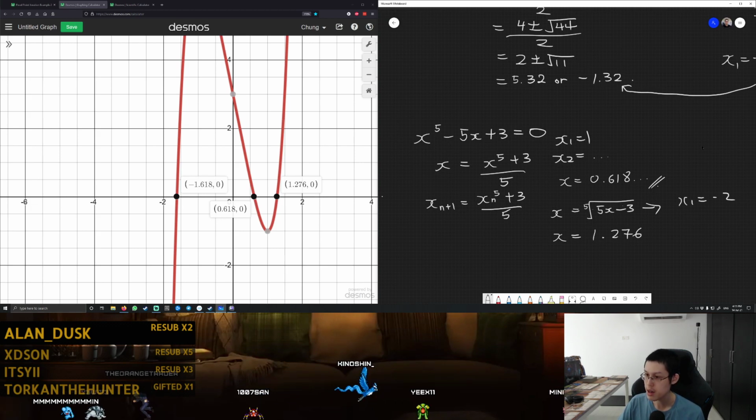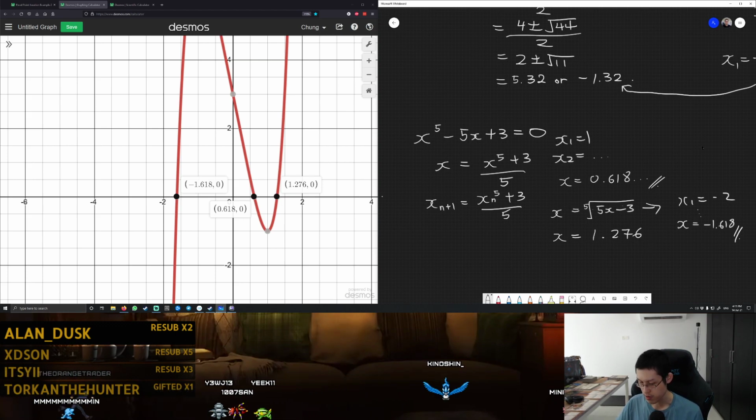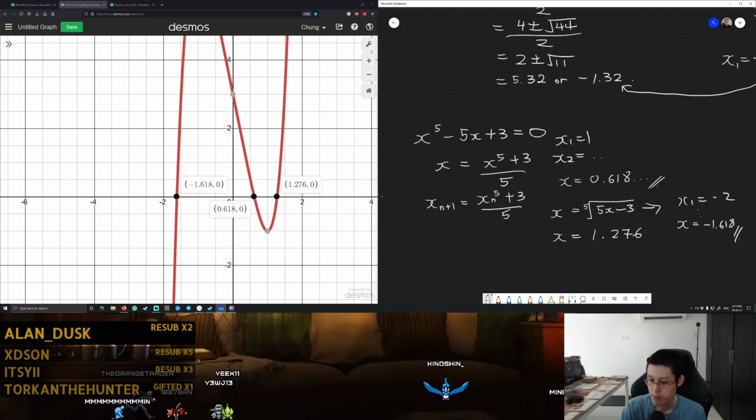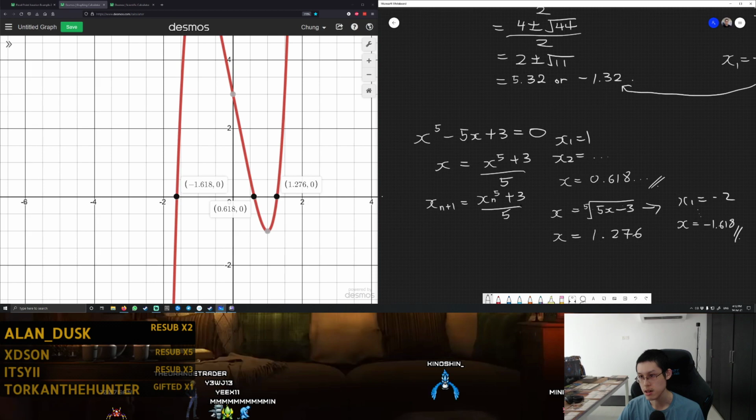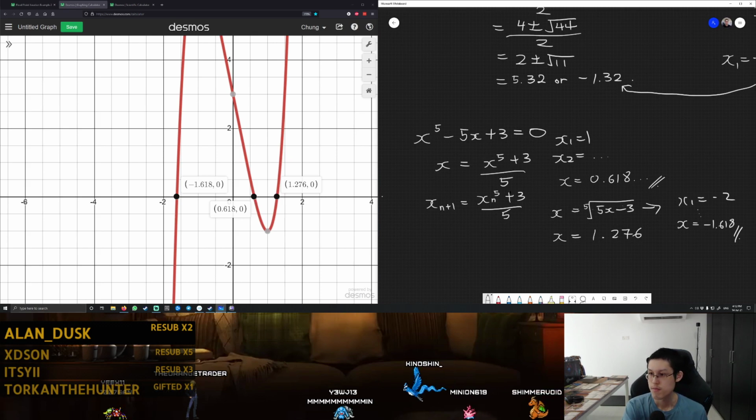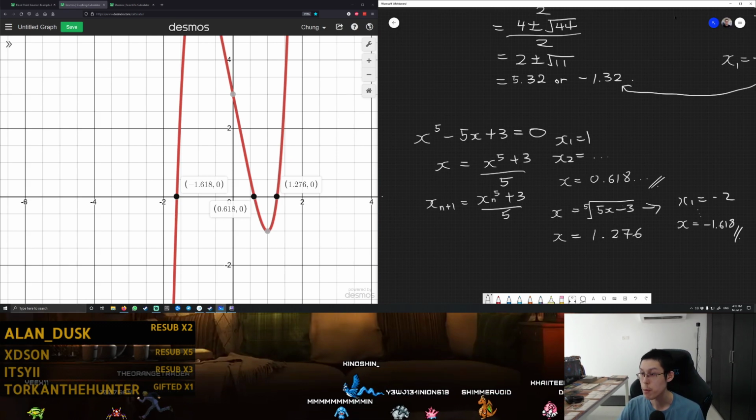And it does. Yay. So eventually you would get x equals -1.618. And there you go, you get 3 roots. If this does not converge, then you just take this one here and try it with this equation instead. So, and there we go.